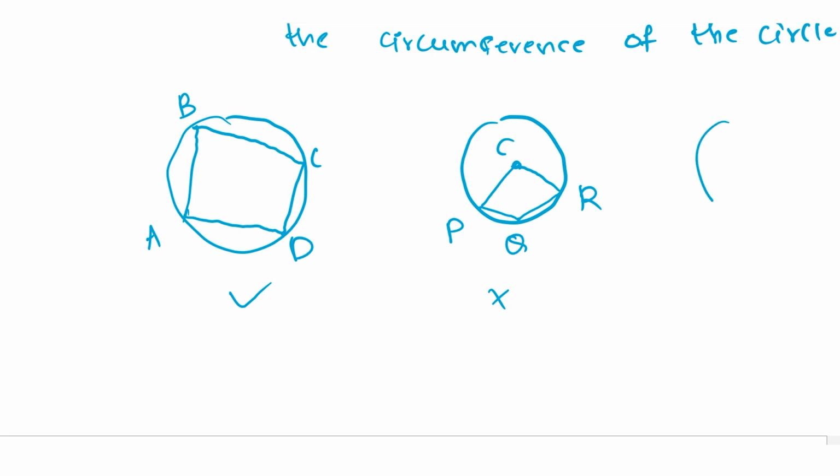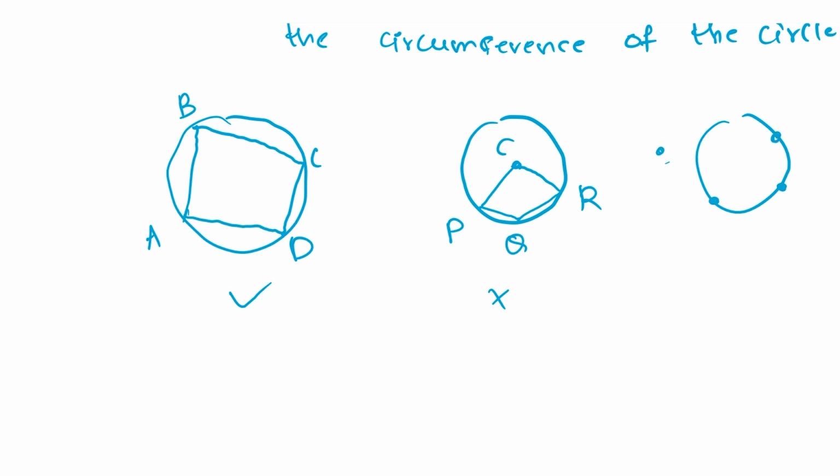No, because it's not touching the circumference. All 3 points are already on the circle, but still the fourth vertex is not on the circle.